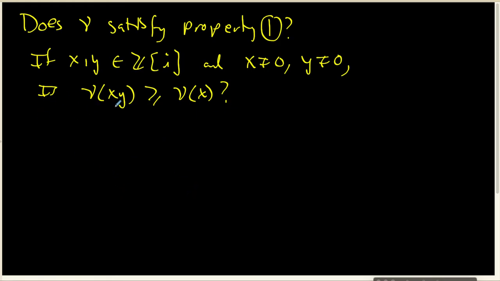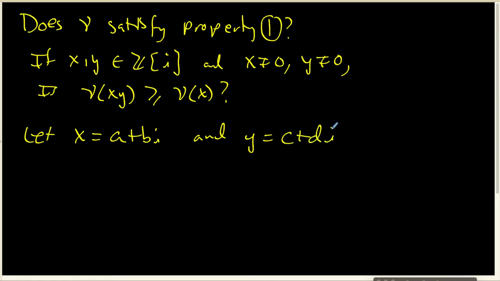Now, to look at this, we're going to actually have to set up some notation. We will let x be a plus bi, and we will let y be c plus di. Because I know that x and y are not 0, at least one of a and b is not 0, and at least one of c and d is not 0.